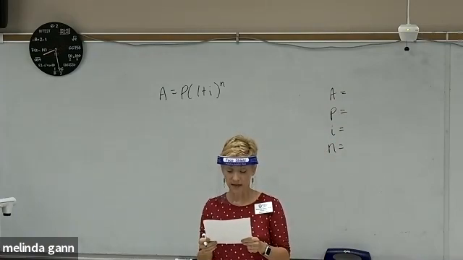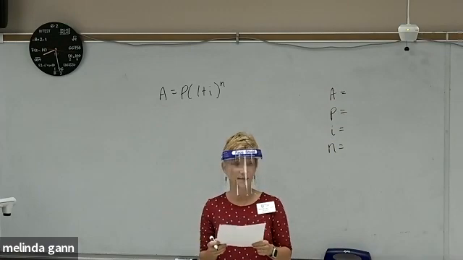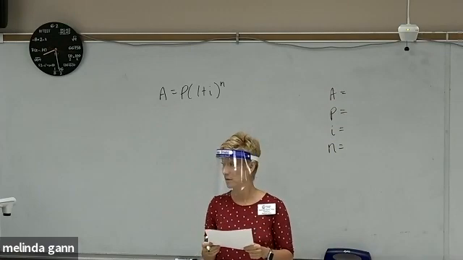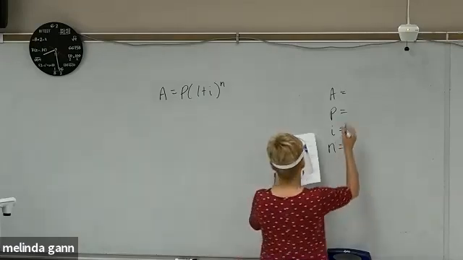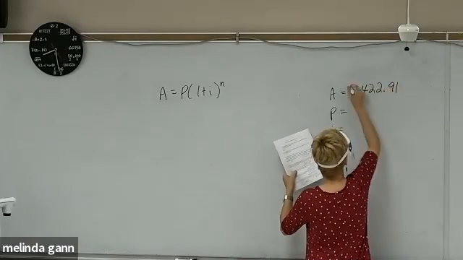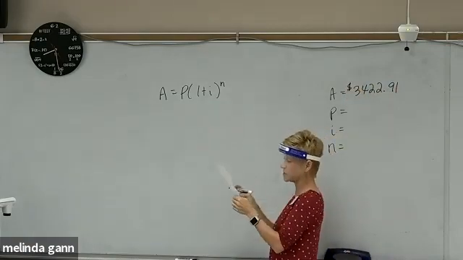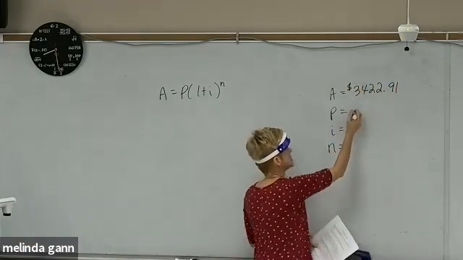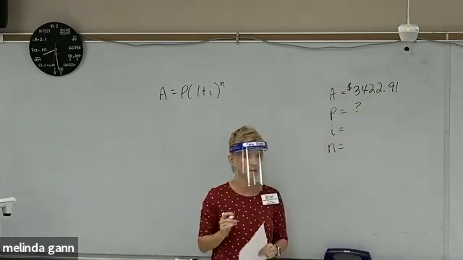So what is this $3,422.91? Is it the beginning amount or the end amount? This time it's the end amount. And the question asks you how much was the initial deposit. So does everybody understand that I don't know P?